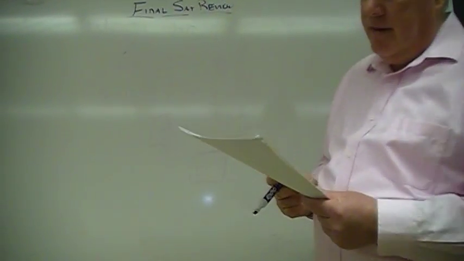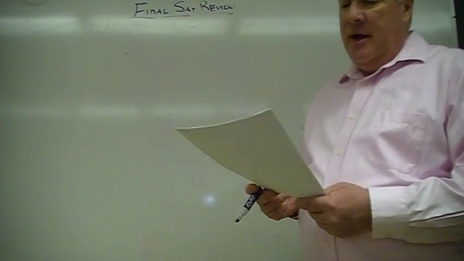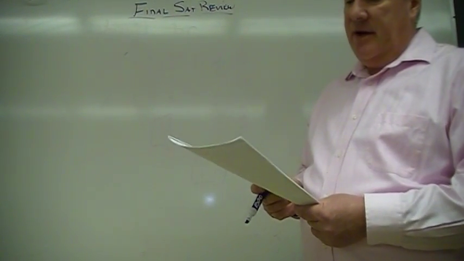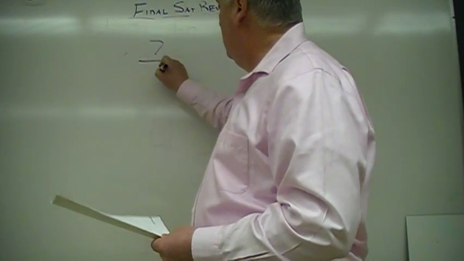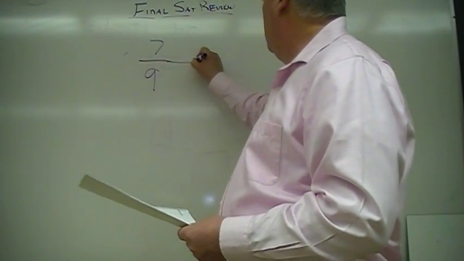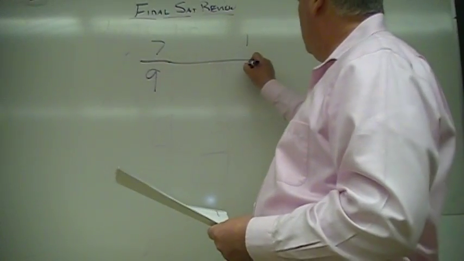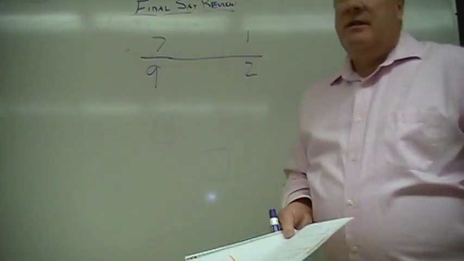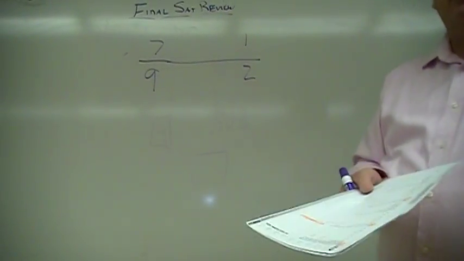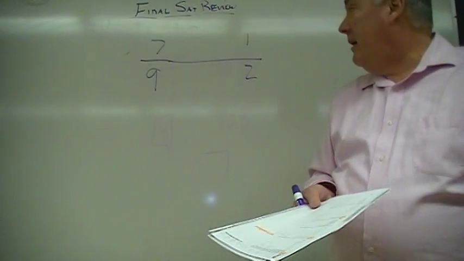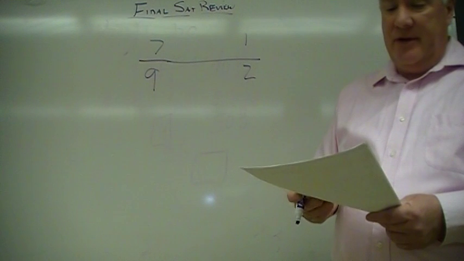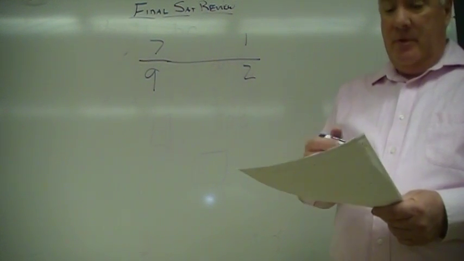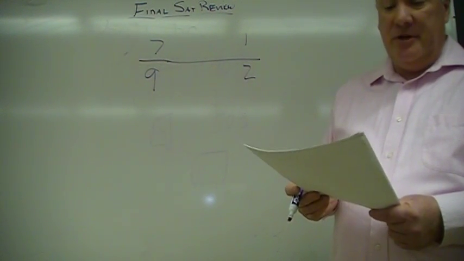Number 26: What number can you add to the numerator and denominator of 7/9 to get 1/2? This is a perfect example. You're going to see problems like this where all you have to do is substitute in your answers that are given in your multiple choice area.